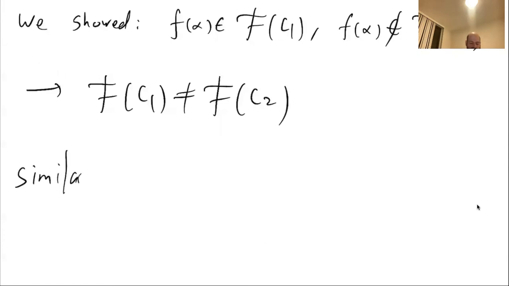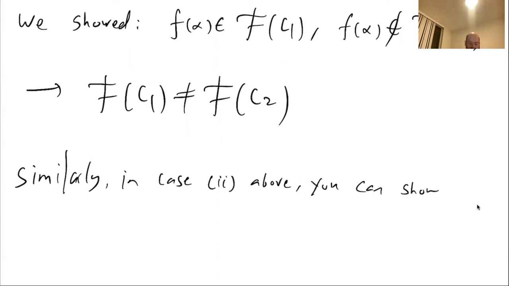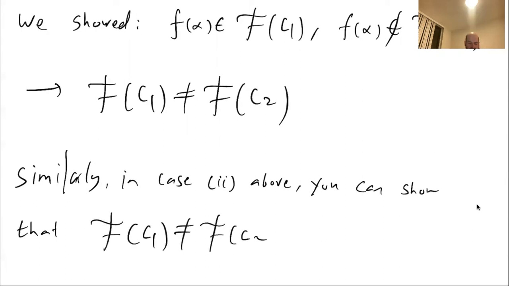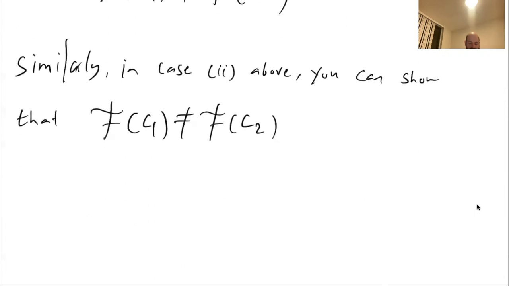Similarly, in case 2 above, you can show that curly f of C1 is not equal to curly f of C2. So that means curly f is 1-to-1.